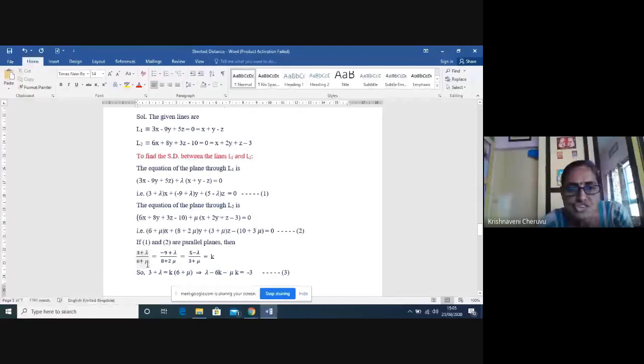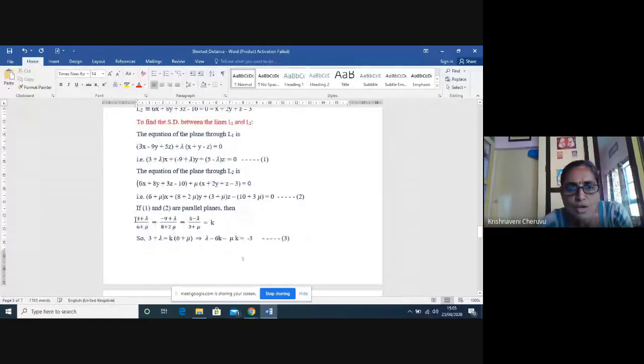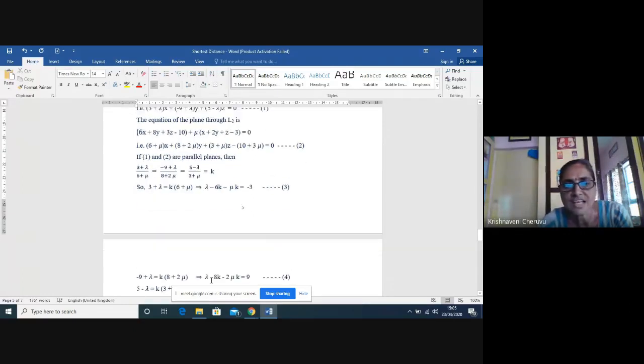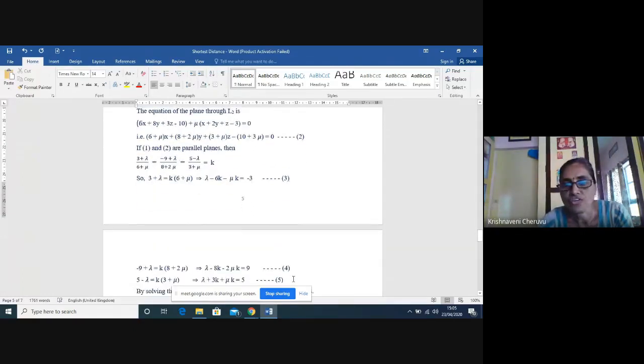So from the first one you get 3 plus lambda is equal to k times 6 plus mu, from which you get equation 3. And when you equate minus 9 plus lambda by 8 plus 2 mu to k, you get the second equation, equation number 4.